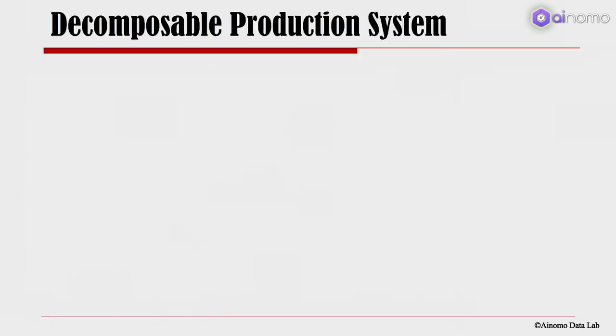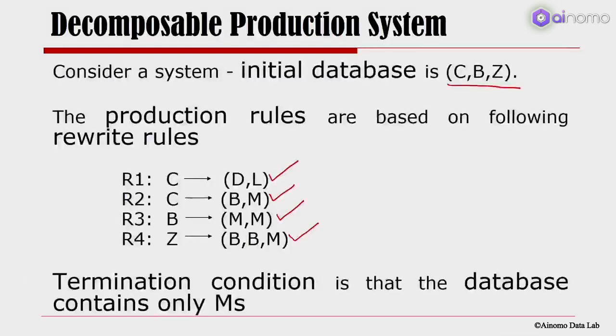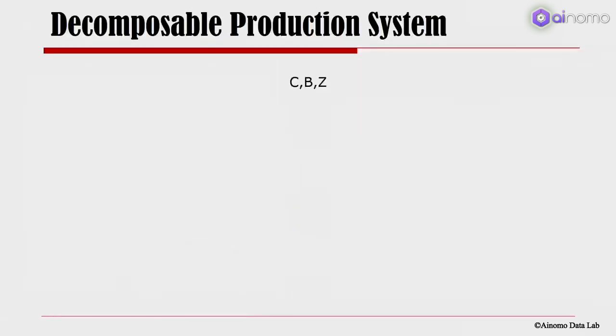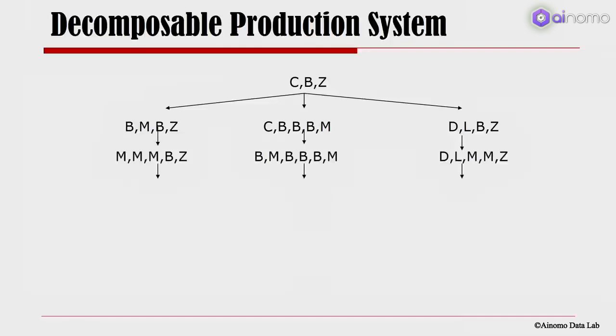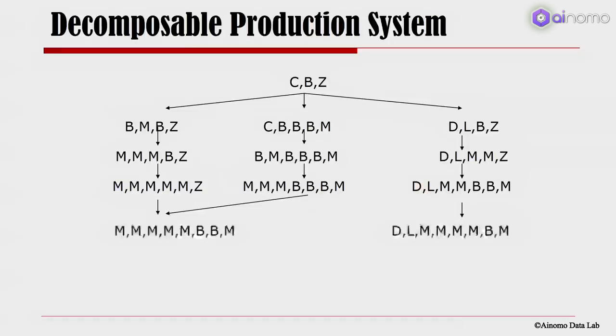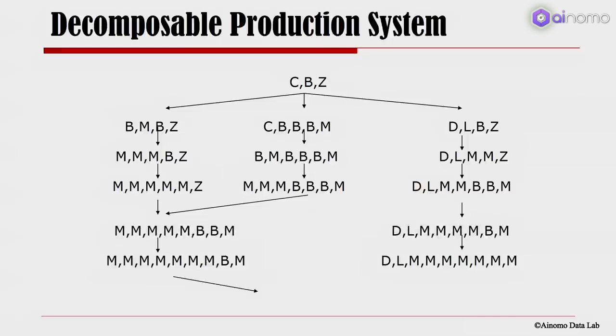So if I start with the complete CBZ, I have 3 rewriting rules for C, B and Z. So my path would be 3 different distinct paths. I could rewrite C or B or Z, and each of them could take different paths. And what is important for me to note is that some path may lead to termination, but some other path may not lead to termination for me.